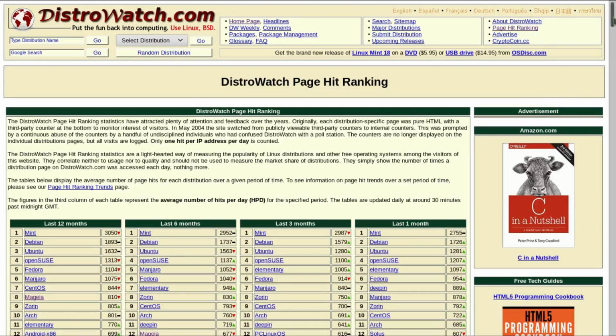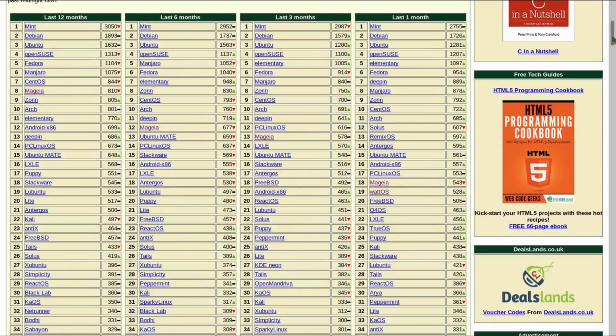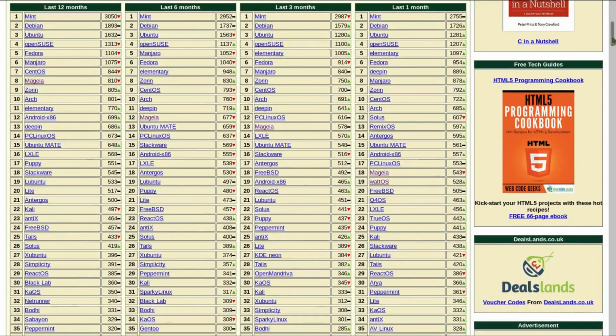However, there's one big anomaly in Distrowatch, and that is that most of the distributions listed include under their names all of the different desktop versions available with that distribution. The one exception is Ubuntu, because Ubuntu has a different name for every different desktop.